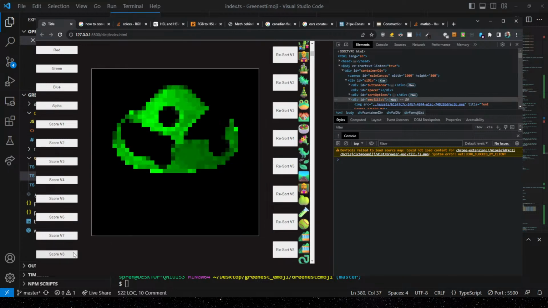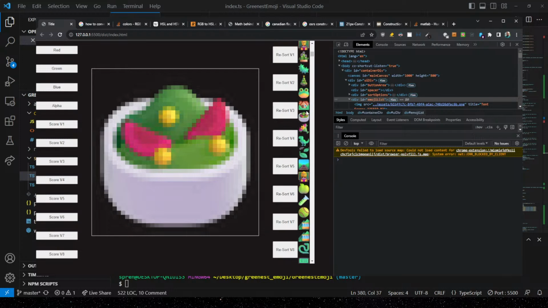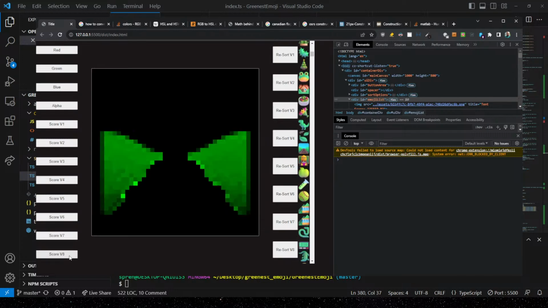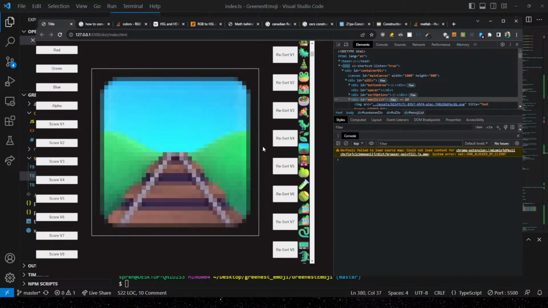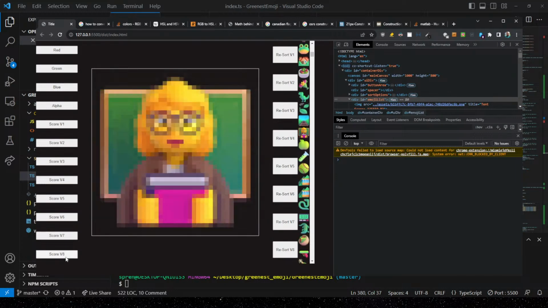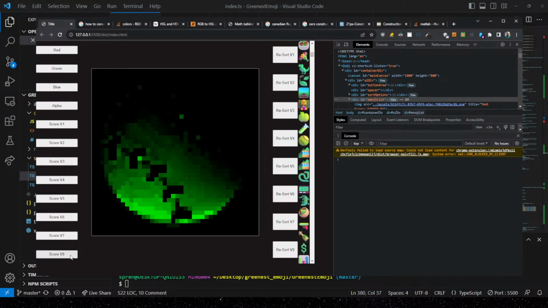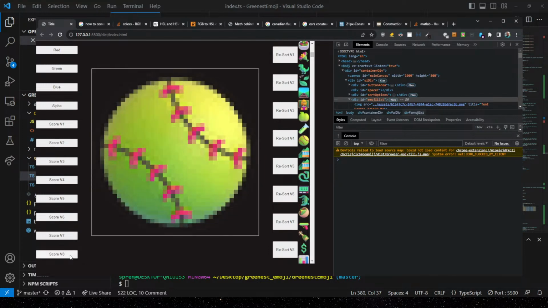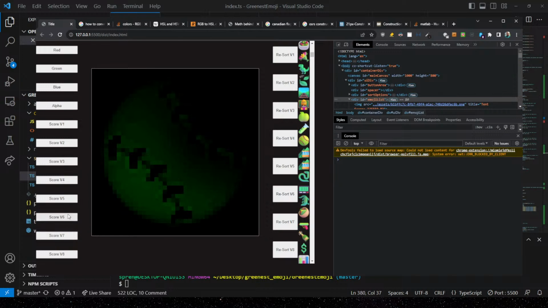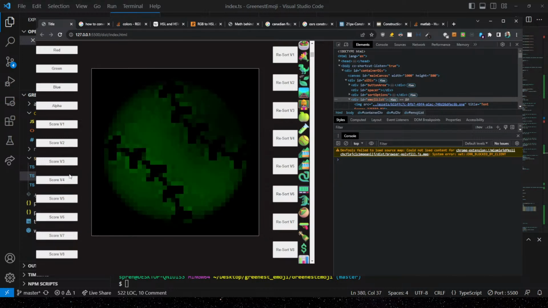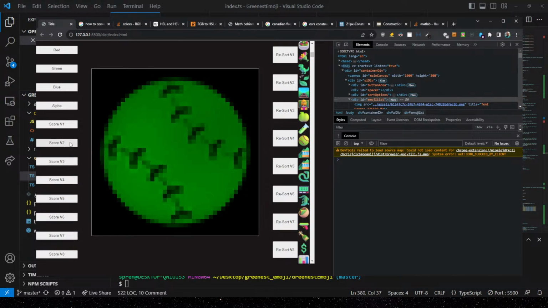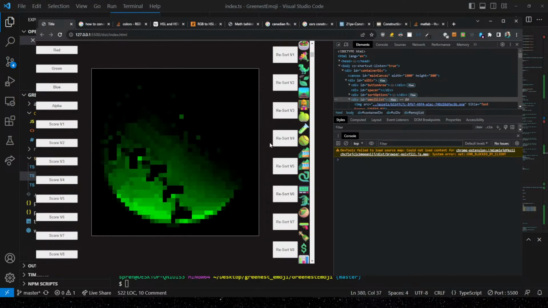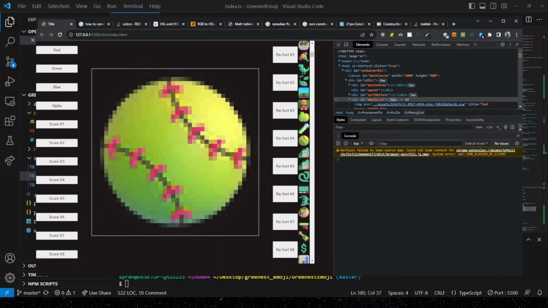Classic. Classic green salad. Yep, that looks about right. This definitely seems like a progression.